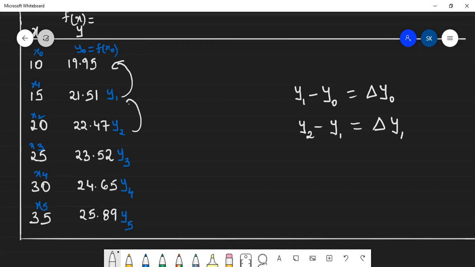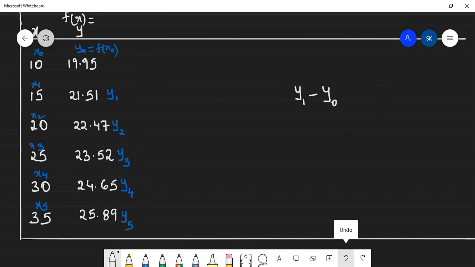Similarly, you will do y3 minus y2, then y4 minus y3, then y5 minus y4, and you will write in the third column. Yes or no? So I am doing y1 minus y0. y1 value is 21.51 minus y0 value is 19.95.